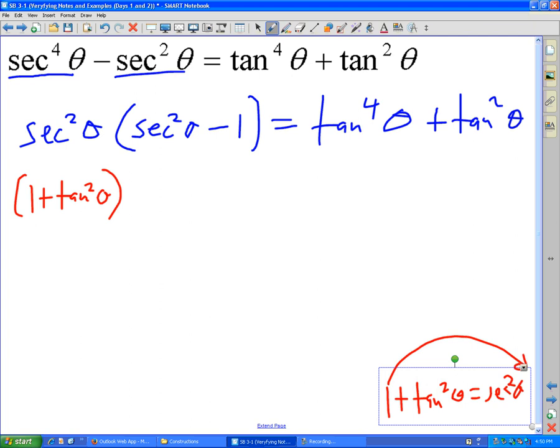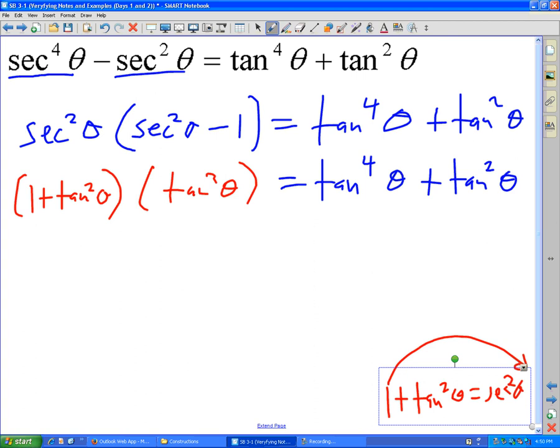Secant squared minus 1 would be equal to tangent squared. And so what I've done now, through some substitution of Pythagorean identities, is I have changed all the secants into tangents, which is good, since our right side here has nothing but tangents.